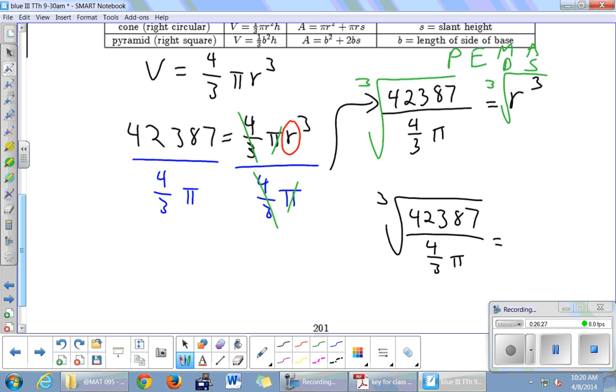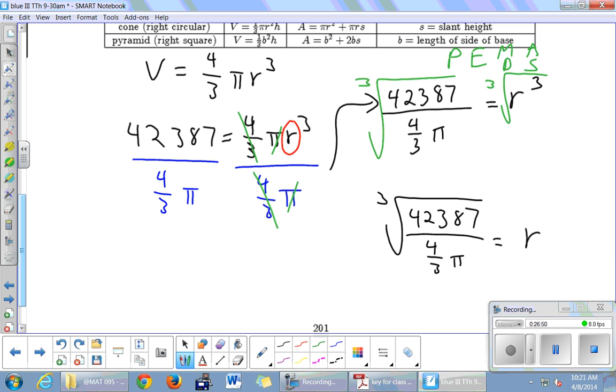Okay, cube root of r cubed. We took the cube root because it was the opposite of cubing something. So the cube root of r cubed becomes what simpler thing? It's r. That's the answer, and then we're going to type it into the calculator.